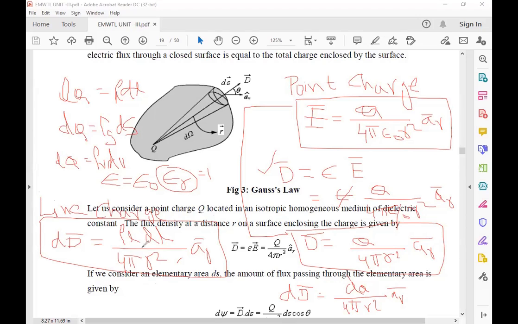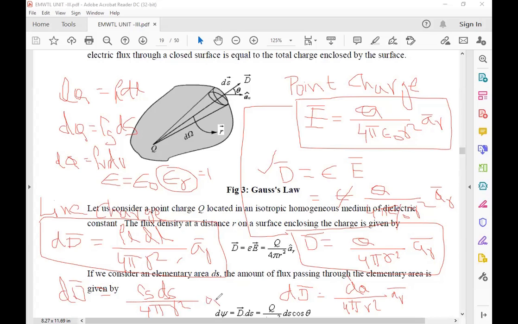Similarly, for the surface charge, d bar is equal to, instead of dq, rho s into ds, divided by 4 pi r square, into AR.